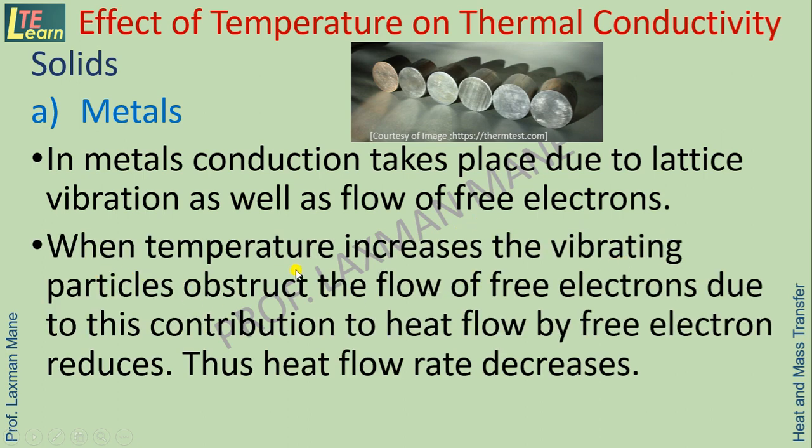Hence, when temperature increases, the vibrating particles obstruct the flow of free electrons. Due to this, contribution to heat flow by free electrons reduces. Thus, heat flow rate decreases. Hence, in case of metals, thermal conductivity is inversely proportional to temperature.